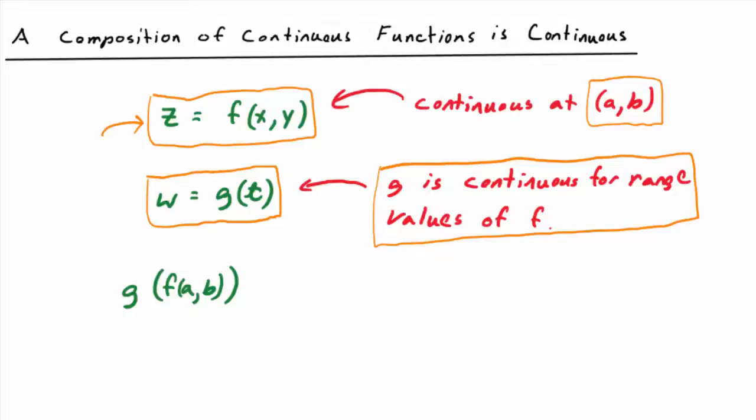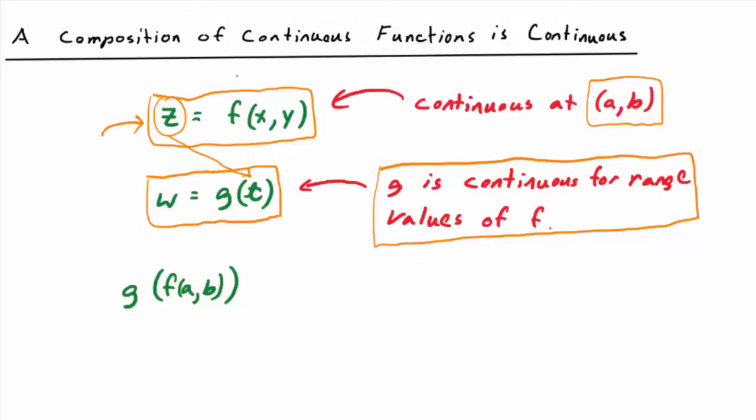In other words, since z is a single number, as long as z is in the domain of w, there's no reason why you can't plug in a z value where the t is, because they're both just real numbered values. So the assumption is that g is continuous in the range values of f.